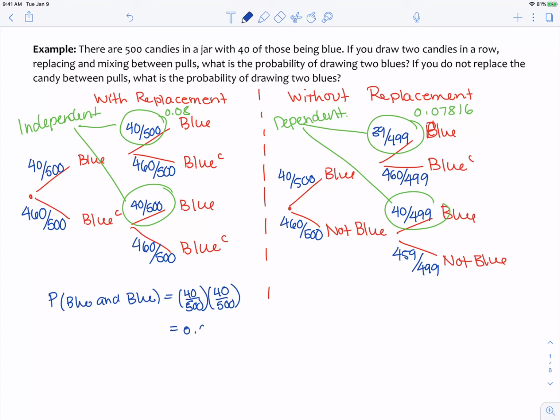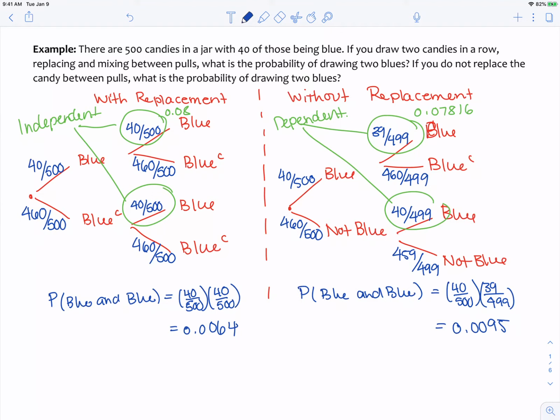That comes to 0.0064. And if we did the same calculation without replacement, the probability of blue and blue is going to be 40 out of 500 times 39 out of 499, and that's going to be 0.0095.